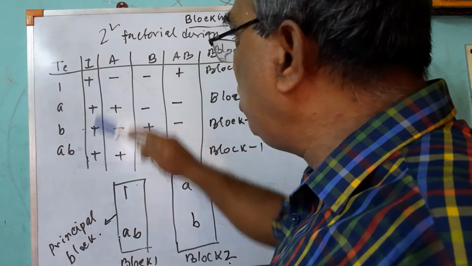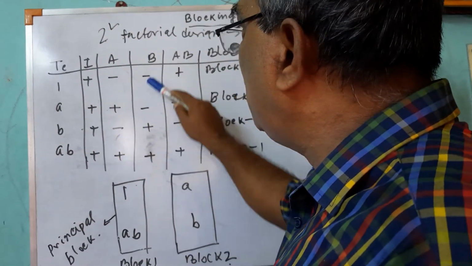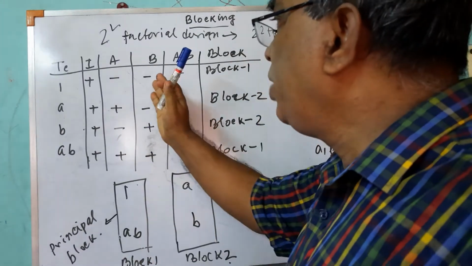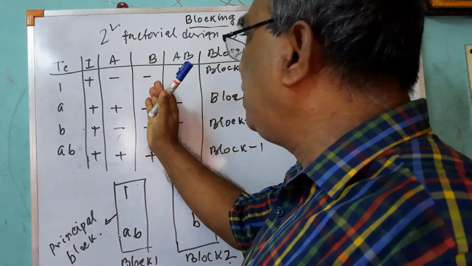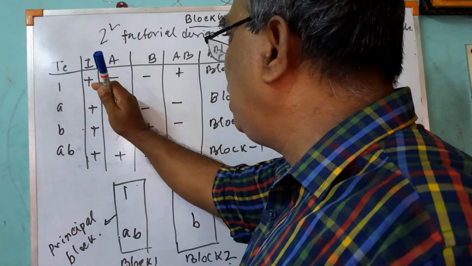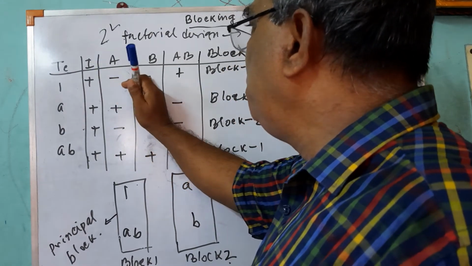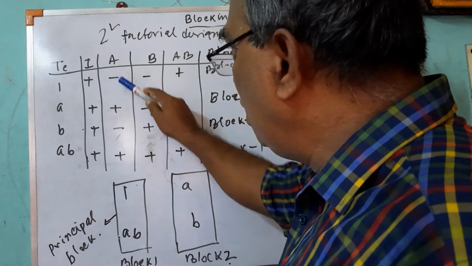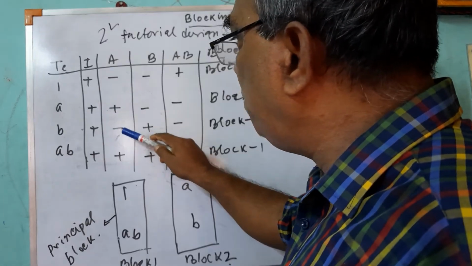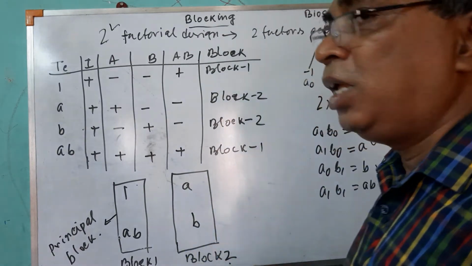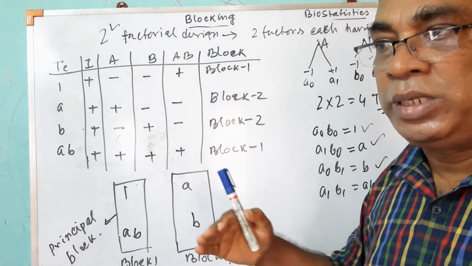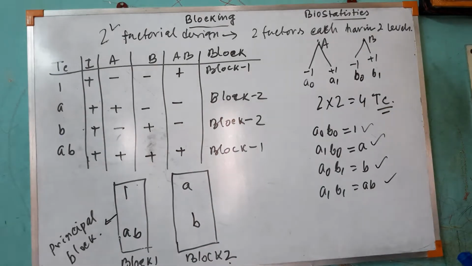Suppose I take A as both plus, both minus, and B as minus, plus, minus, plus, then you can interchange the signs, or the B signs in A, that is minus, minus, plus, plus, you can write here, then the result will be the same. It will not change.